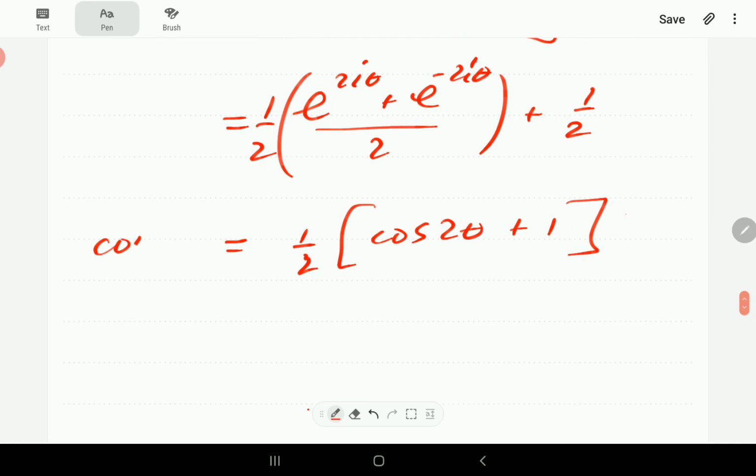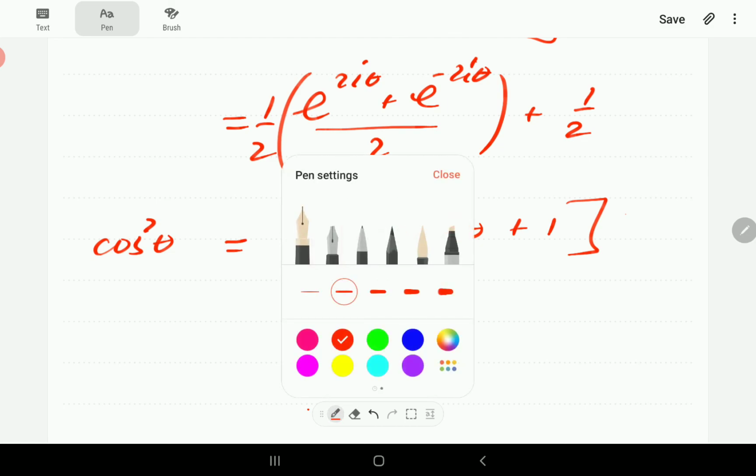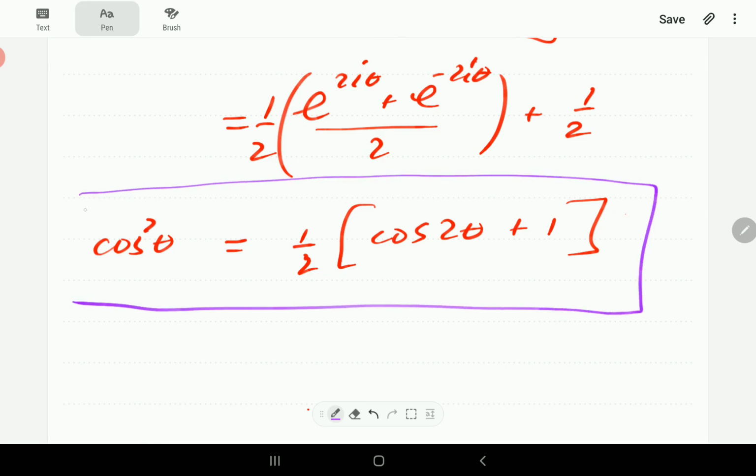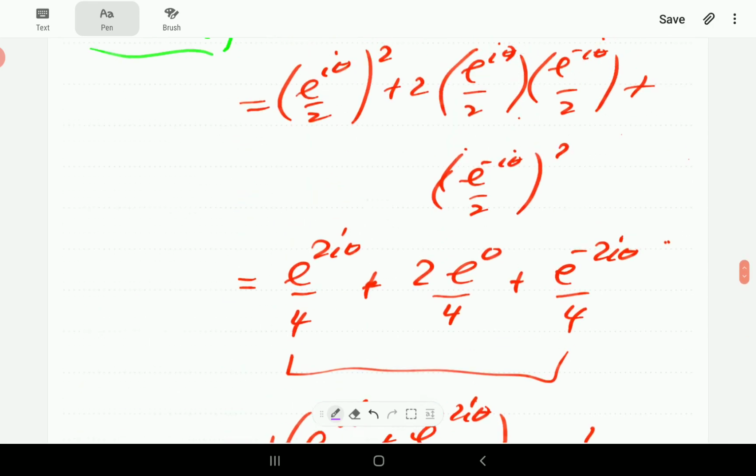So this thing is telling us that cosine squared theta is 1/2 plus 1/2 into cosine 2 theta. So this is like one of the double angle formulas which you will be familiar with from trigonometry.